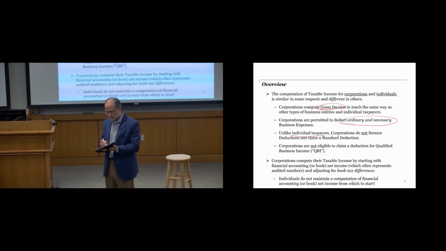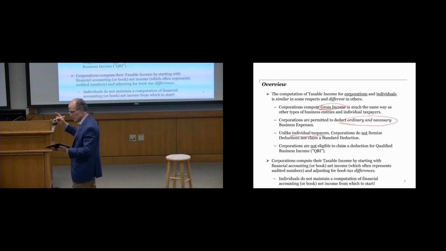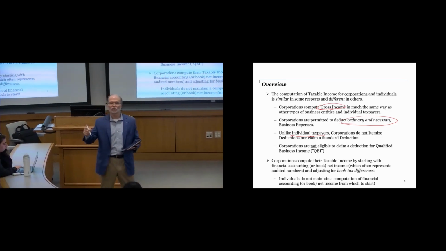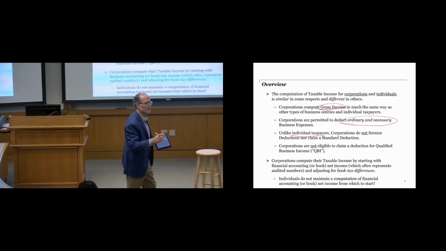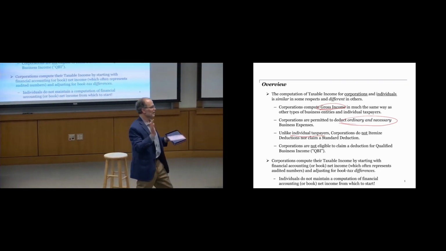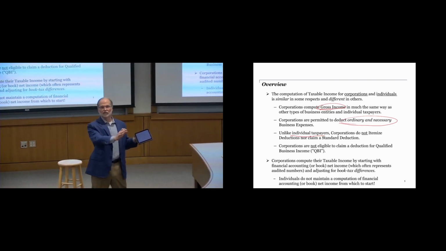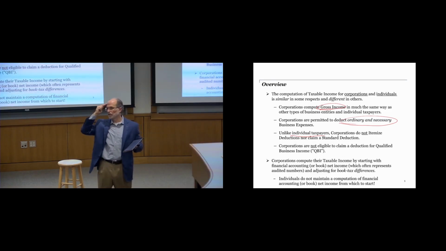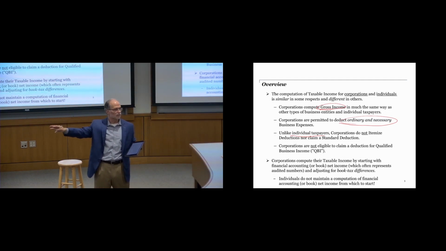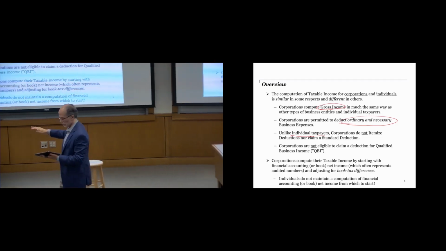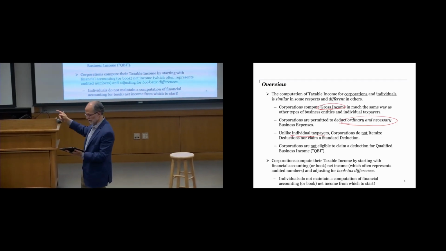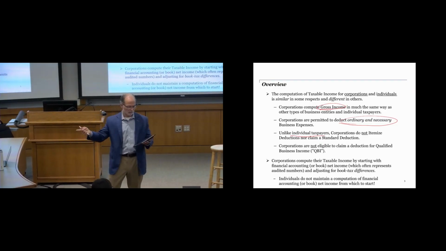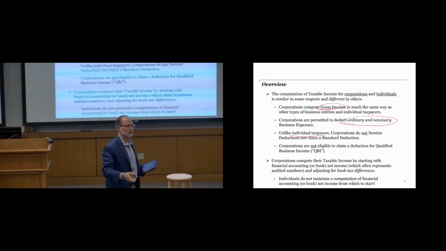Unlike individual taxpayers, corporations do not itemize deductions, nor do they claim a standard deduction. Okay? That is in the individual space. If you're talking about standard deductions or itemized expenses, you are talking about individual tax returns. Those do not exist in the corporate world. Corporations, as we just covered, are not eligible to claim the deduction for qualified business income.